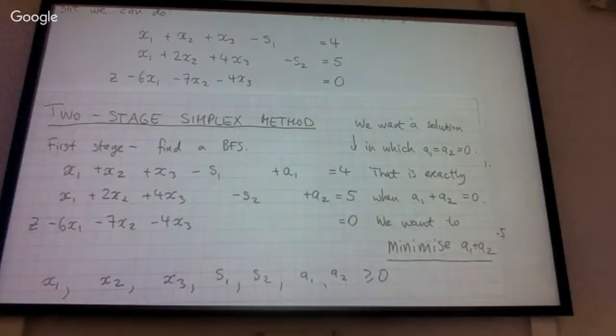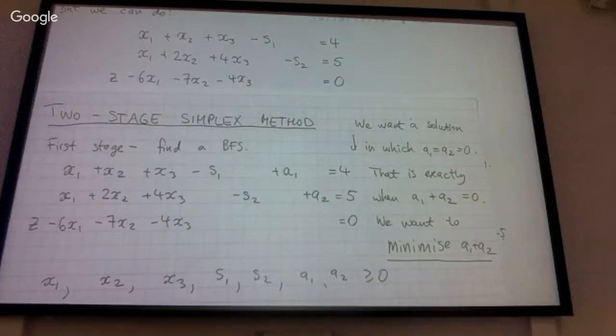If we minimize A1 and A2 subject to these constraints, if we get 0, then we'll get a solution in which both A1 and A2 are 0. And we're happy, and we found a basic feasible solution for our original problem.